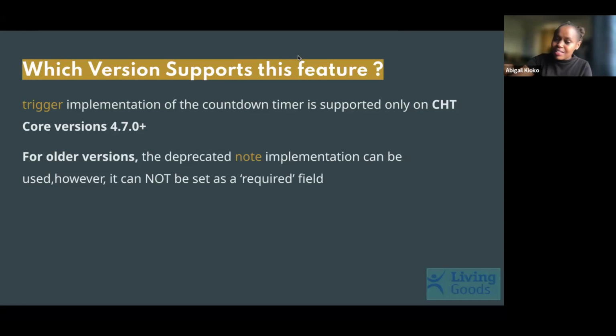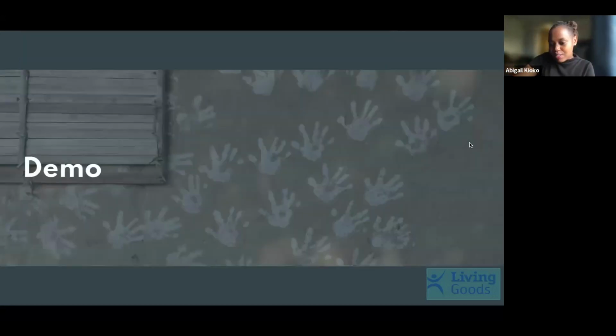However, only a note is supported for those versions. And as I've mentioned, you can't set a note as a required field. Yeah, so that means if you want to enjoy this feature, then you need to upgrade your CHT core to at least 4.7.0. This I have a demo.